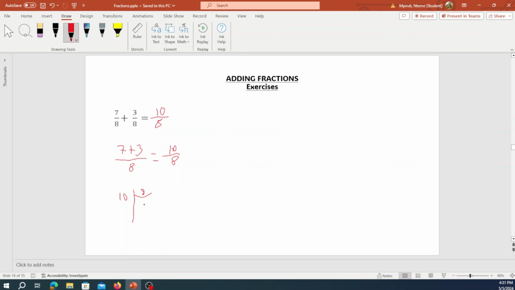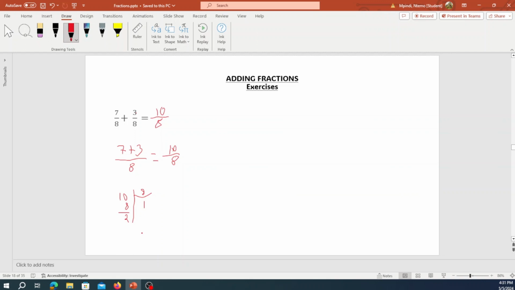So how many times can 8 go to 10? 1. So 1 times 8 equal 8. Okay, so 10 minus 8 equal what? 2. Okay, so that's what we get.